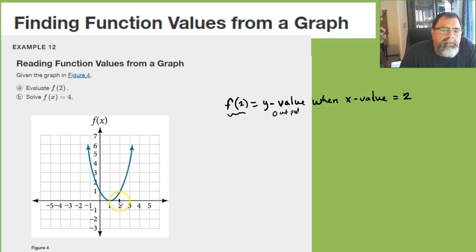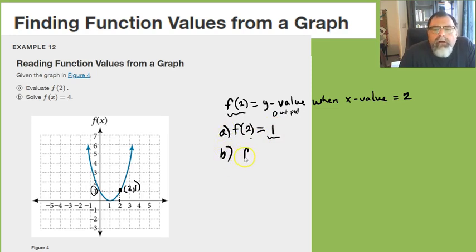So here's x is 2. We're going to go on the vertical line. Here's the point that has x as 2. What's the y value at that point? The y value is 1. Okay, so f of 2 is equal to 1. It's the y value when x equals 2. Okay, so that's your A.